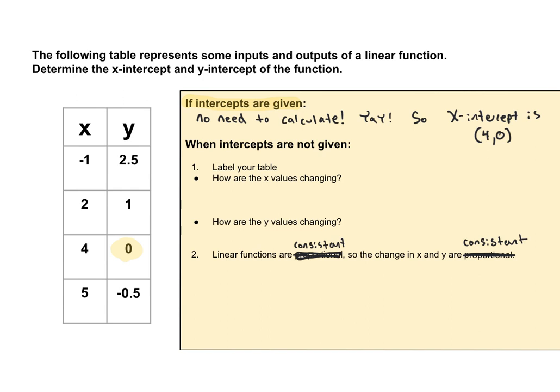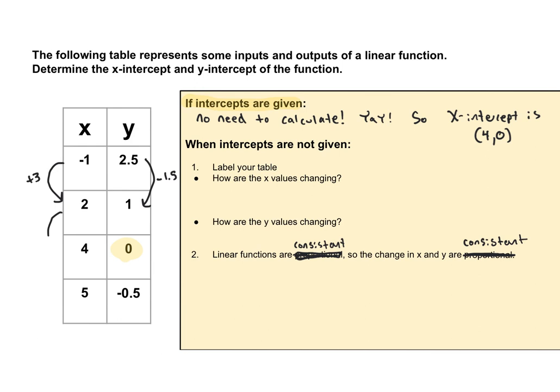So to do that, we want to look at our change in x values and our change in y values. And how we do this is just by drawing. So we know that from -1 to 2, what is happening is we are adding 3, and when we added 3 over there, what happened to our y values is they decreased by 1.5.